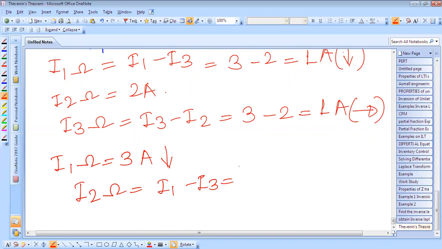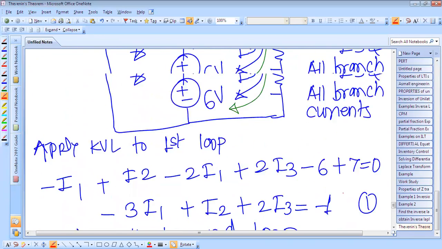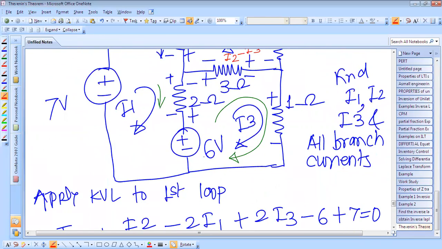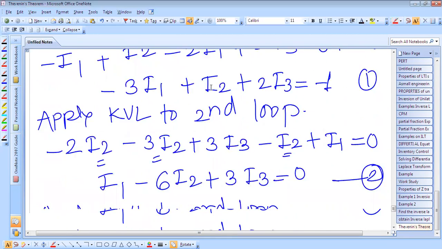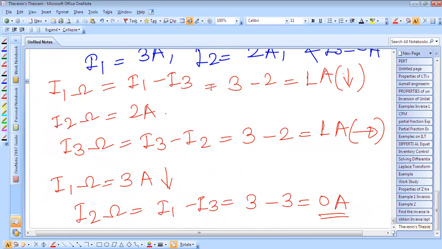I1 we have got here 3 ampere and I3 also 3. So 0 current is flowing in this 2 ohm resistor. So in this way we can find the branch current as well as the loop current by using the mesh analysis. Thank you very much.